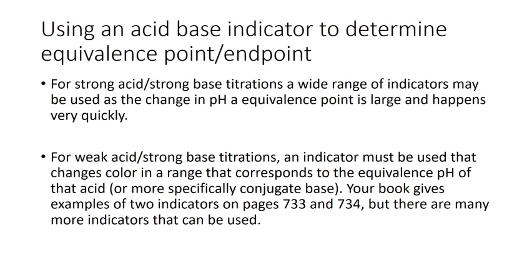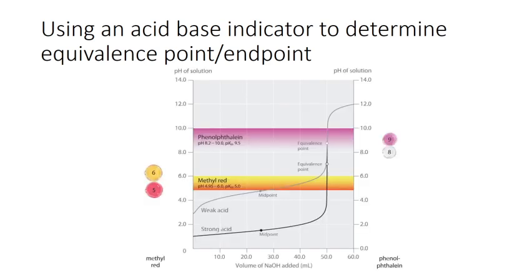Your book gives some examples on page 733, 734, but there are a lot more indicators than just the 2 that they talk about. And here is a little example of the 2 that they do talk about, and we can look at the difference. If you look at this line, this is the strong acid, strong base titration.